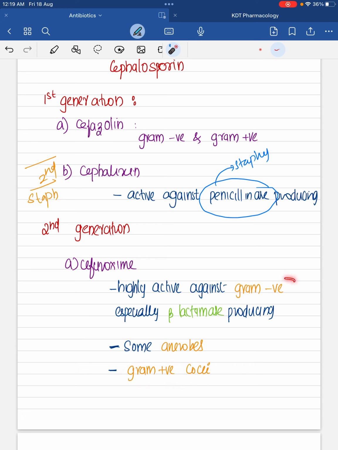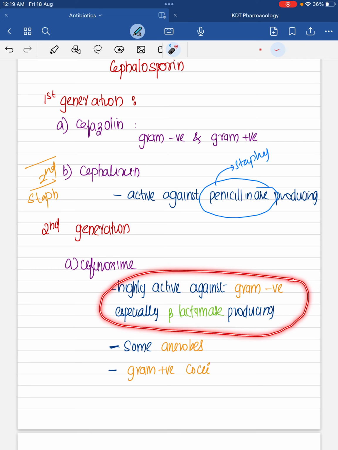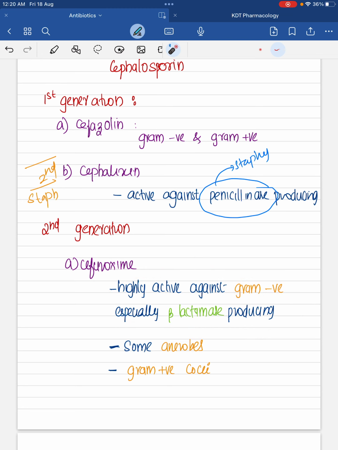So if cefuroxime can kill the majority of the gram negative organisms, we can use it, because cefuroxime is an oral drug.